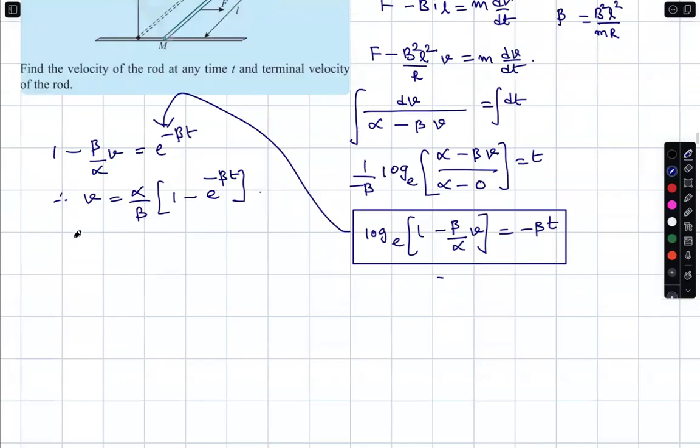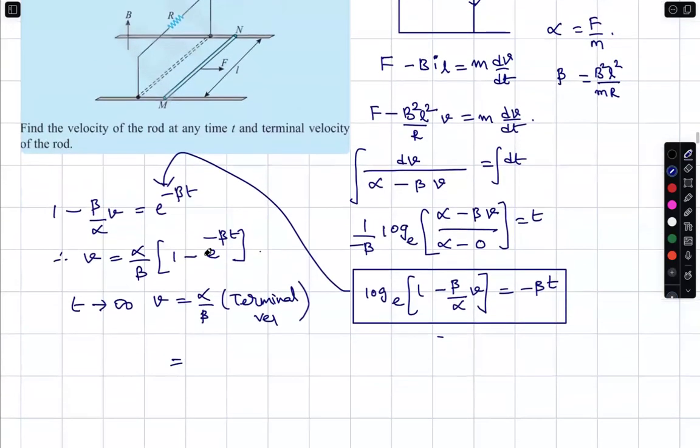What is terminal velocity? As t tends to infinity, V becomes alpha by beta. This is called terminal velocity, a constant. What is alpha by beta? If I take alpha by beta, I will get F into R by B square L square. That is the deal.